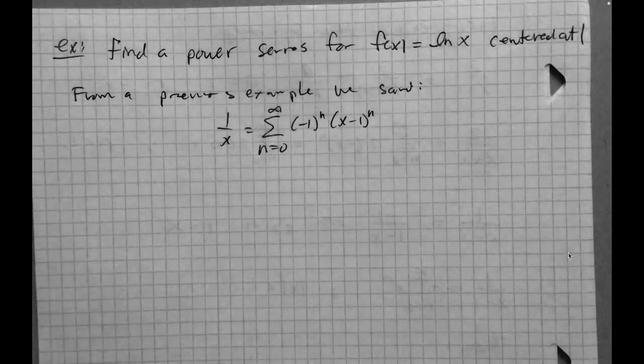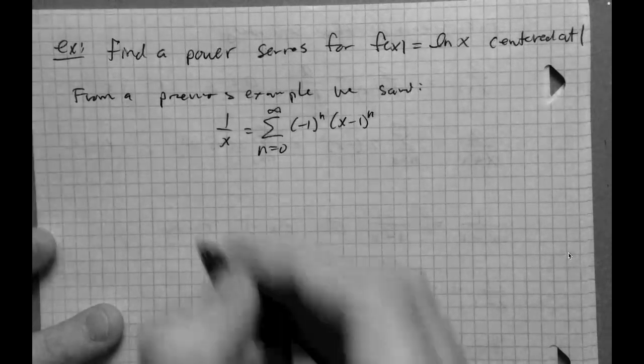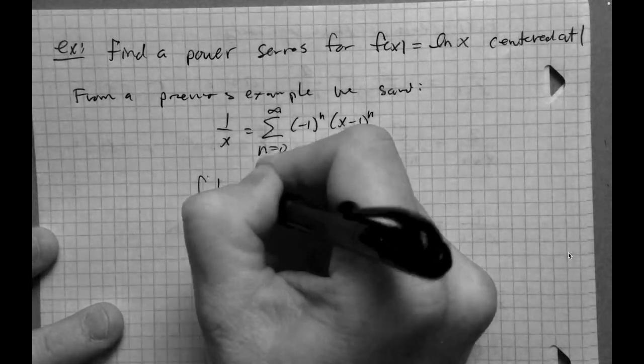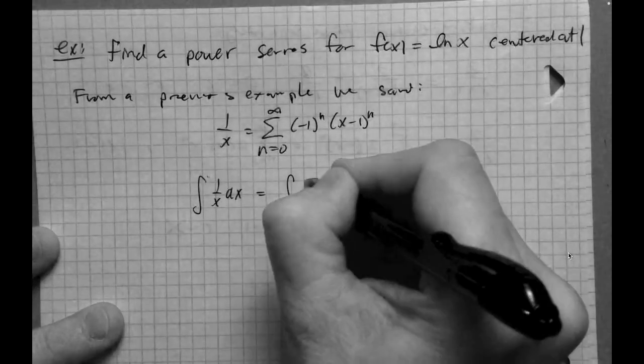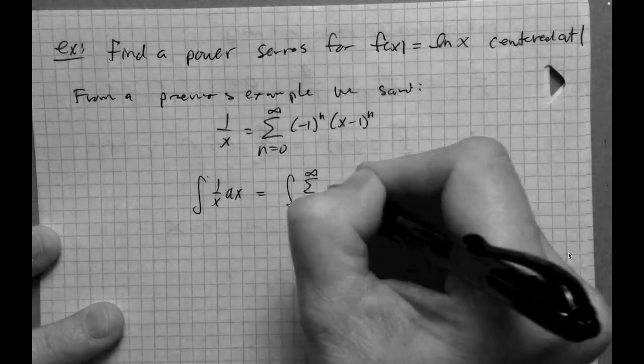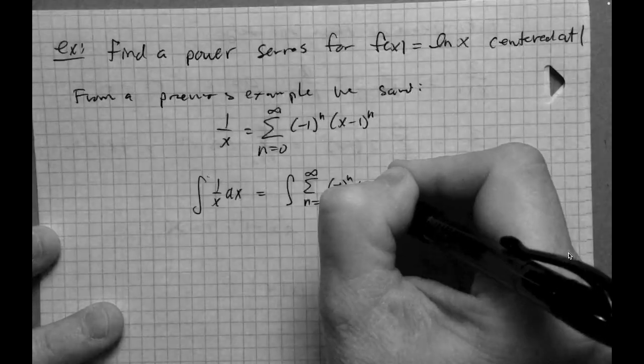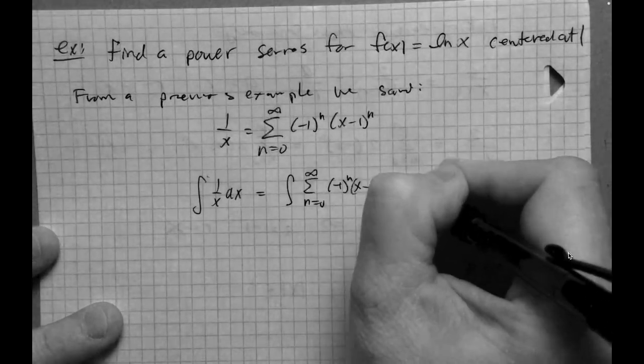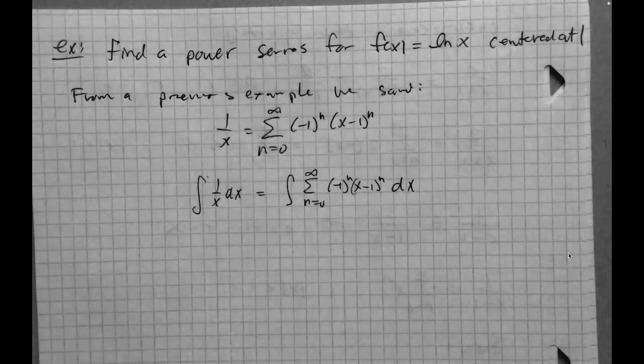Okay, so we could integrate both sides of this. So if we integrate 1 over x and we integrate this sum, what do we get?